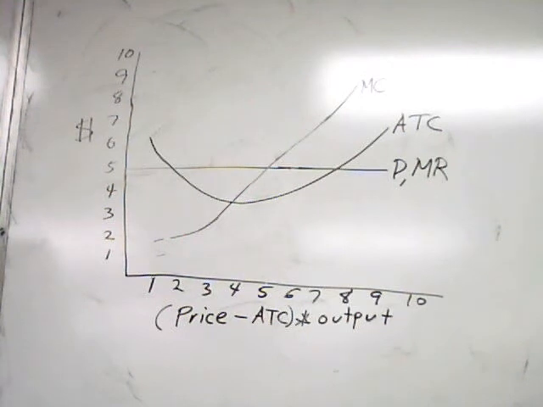So if you see a graph that looks like that, they're making a profit. They're operating in the short run because they're not going to be able to make a profit in the long run.